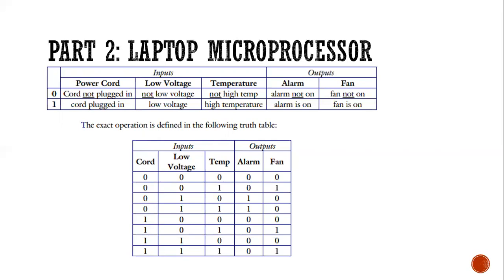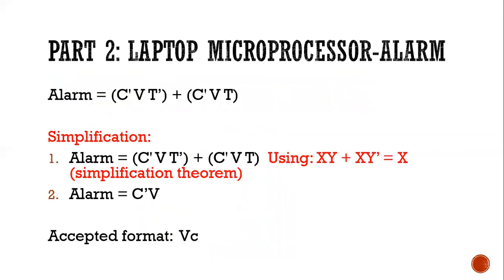From this truth table, we can go ahead now and build our Boolean equation. From here, we'll be first focusing on the alarm. When the alarm equals C' V T' or C' V T, we've gone ahead and used our simplification theorem, which is XY or XY' equals X, and been able to simplify the alarm to C' V, which from the iLearn format is V C'.